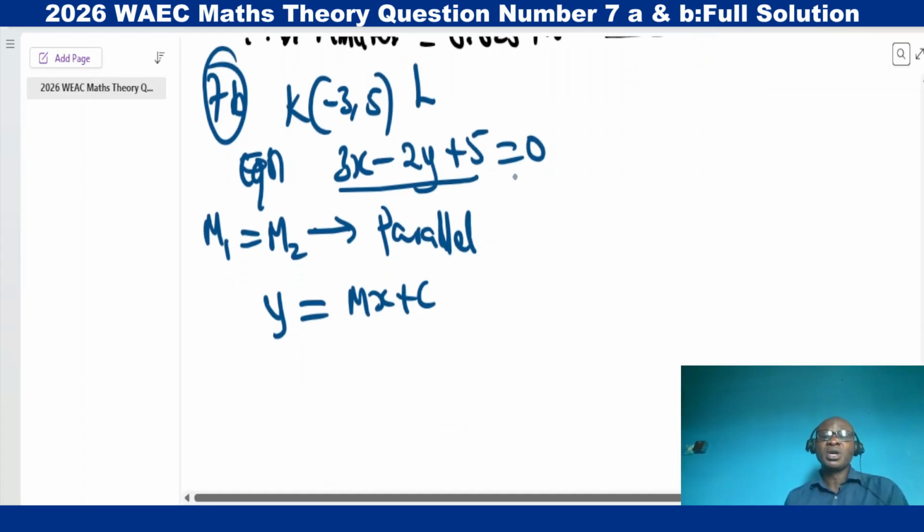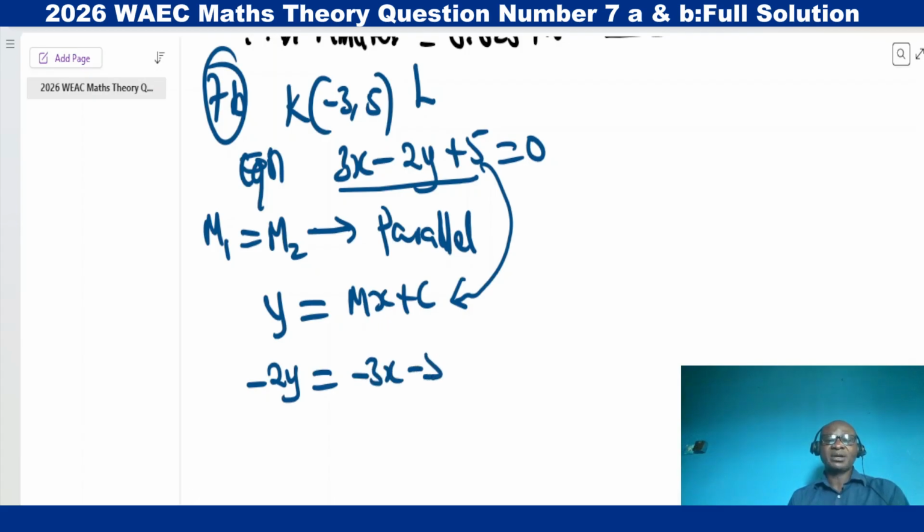So I want to translate this equation into this form. I will write minus 2y is equal to minus 3x, then minus 5. I took 3x and the plus 5 from the left-hand side to the right-hand side.